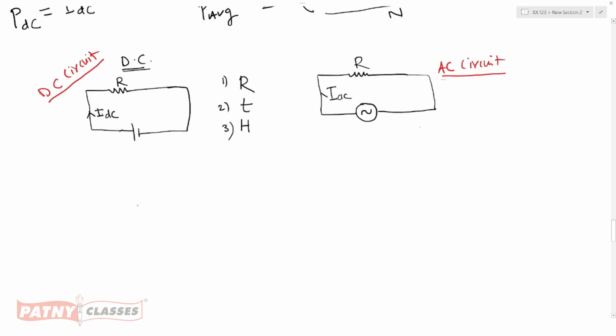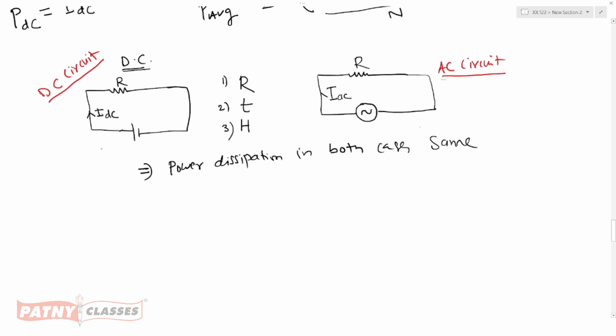Now we have to consider one more factor. When the same amount of heat is produced in both cases, the power dissipation is also same in both cases.